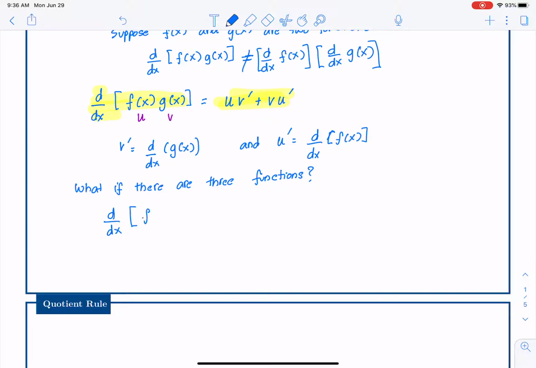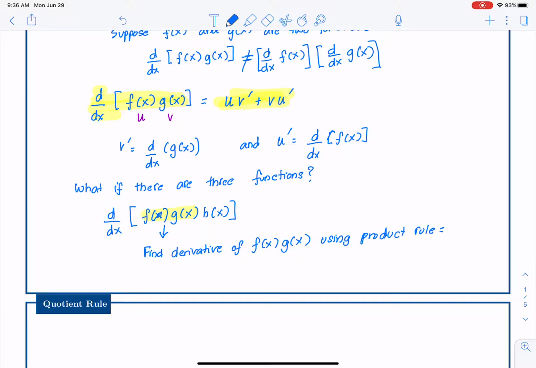If we have three functions, f of x, g of x, and h of x, first we've got to find the derivative of the product of the first two using the product rule, let's just call it p of x.